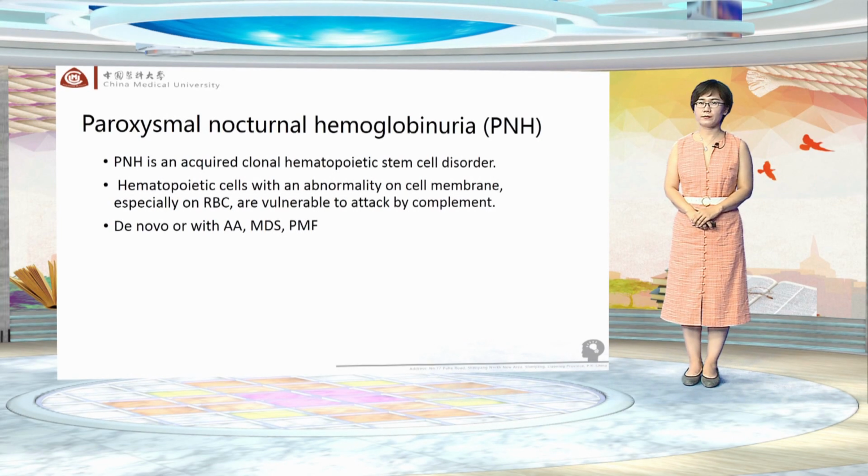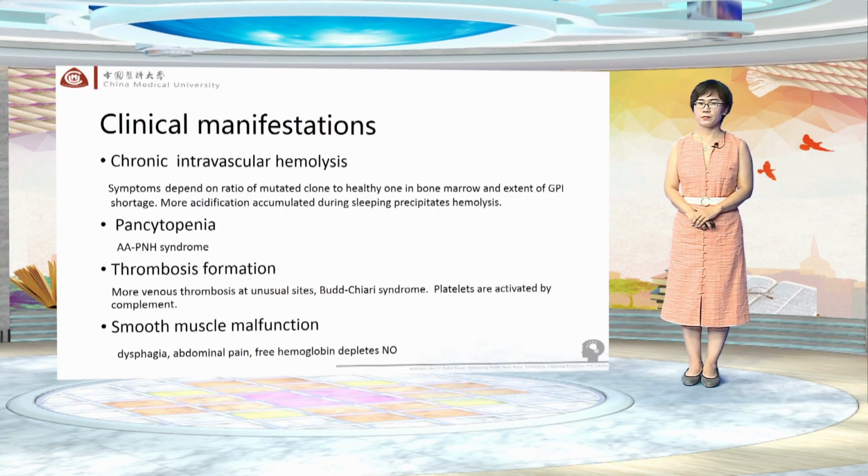PNH can arise de novo or in the setting of an underlying bone marrow disorder, such as aplastic anemia, myelodysplastic syndrome, or primary myelofibrosis. Patients usually suffer from chronic intravascular hemolysis.